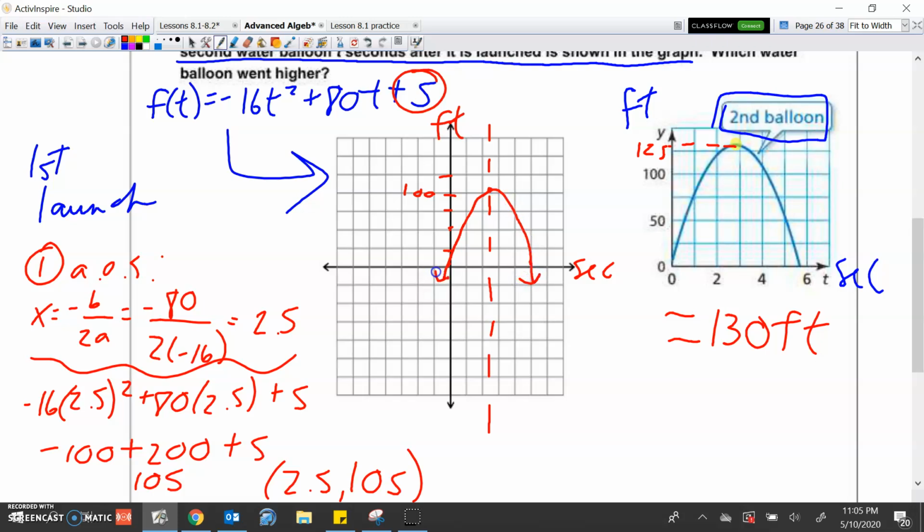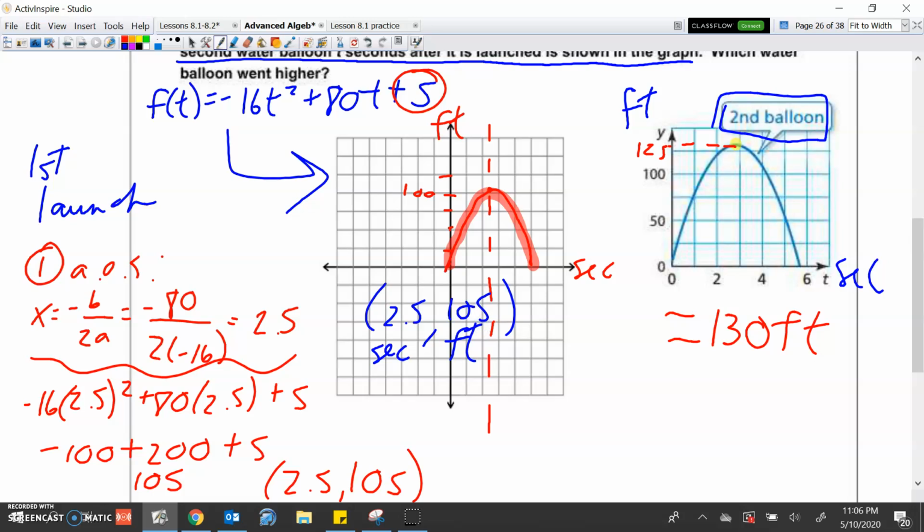But all I really care about, and the only part that really applies here, is anything that's in the first quadrant, because then it lands on the ground. So the arrows aren't even really that accurate in this case. I shouldn't have drawn those. But anyways, my vertex here is 2.5, 105, and labeling that, at 2.5 seconds, my water balloon is about 105 feet in the air.